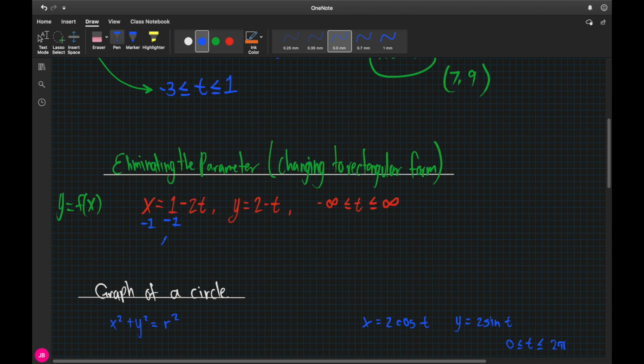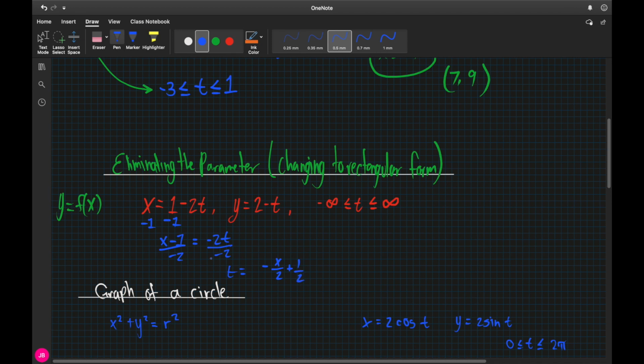So I end up with x minus 1 is equal to negative 2 times t. And when I divide by negative 2, I get t is equal to negative x over 2 plus 1 half.